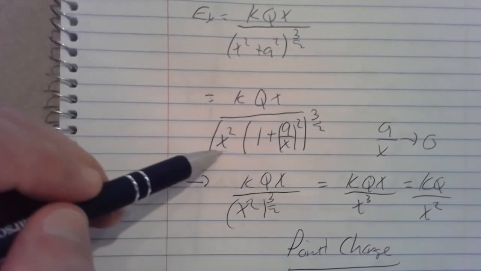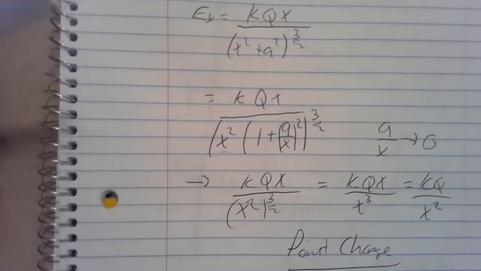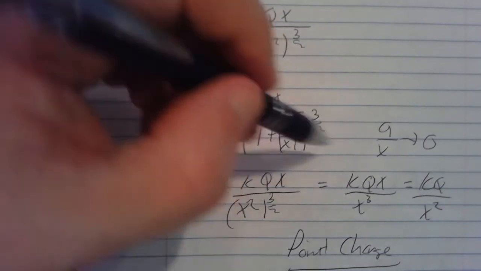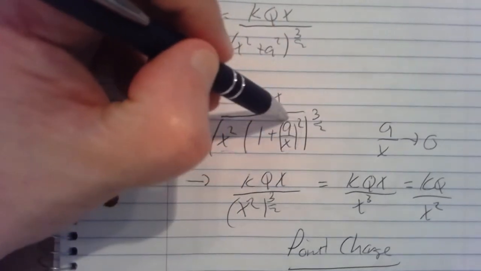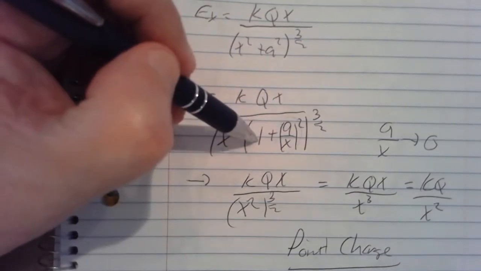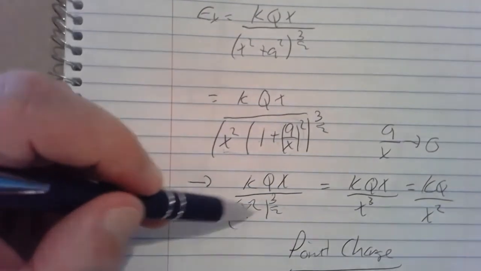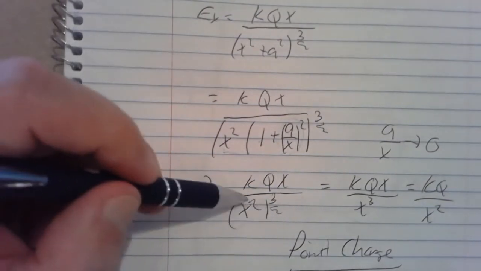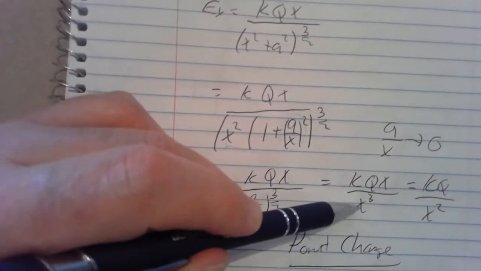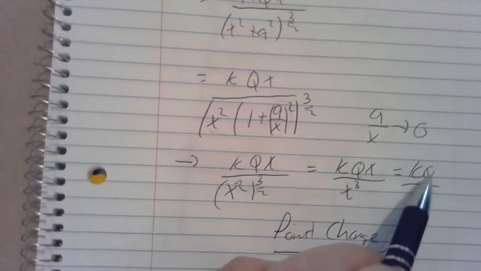So I factored out the x squared. Then when I take the limit, if x is much, much bigger than a, or just think limit as x goes to infinity, this thing goes to 0. So I just get x squared times 1 raised to the 3/2 power. Well, the half and the square cancel, and I get x cubed. That cancels one of the x's on top, and we get this.